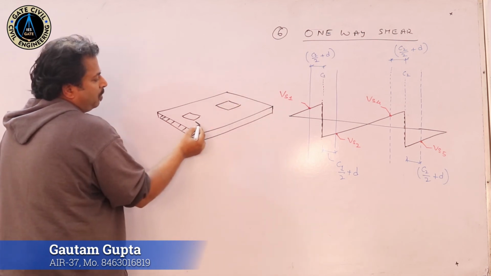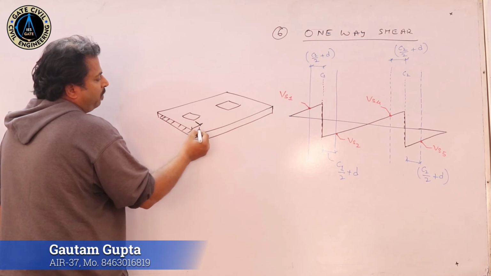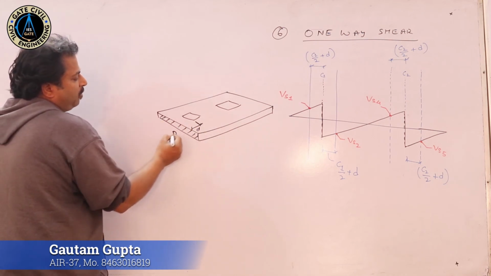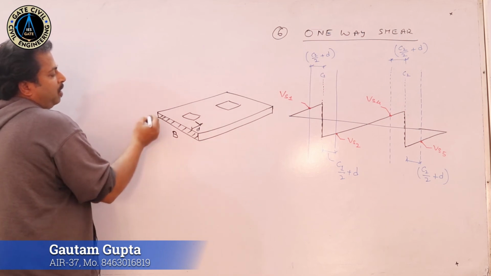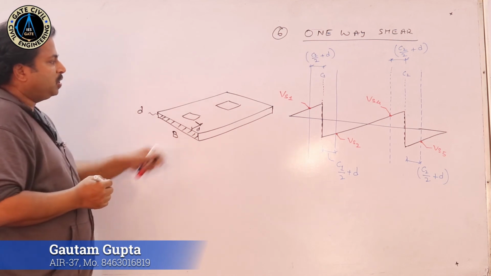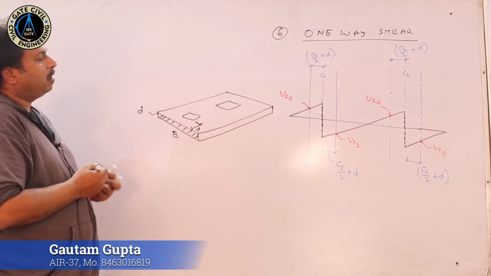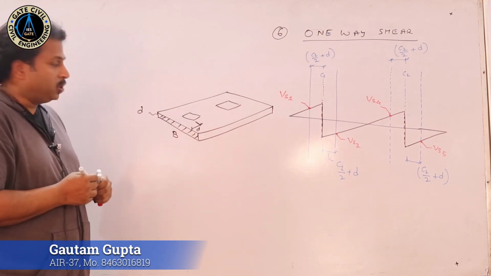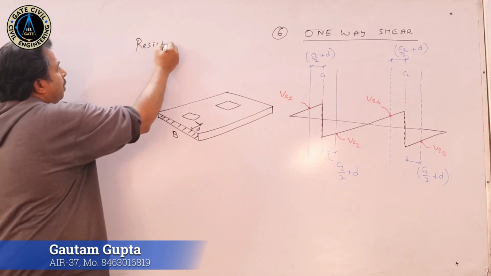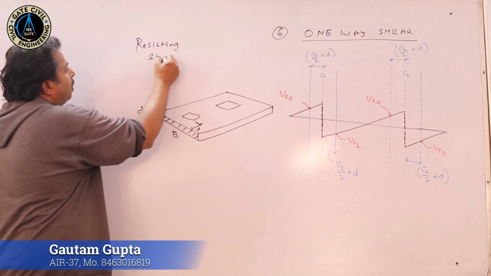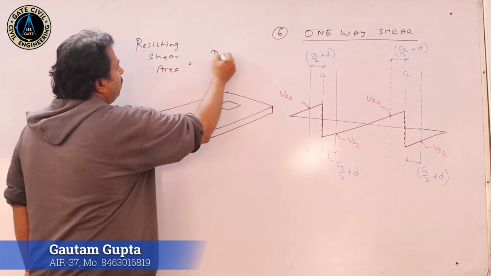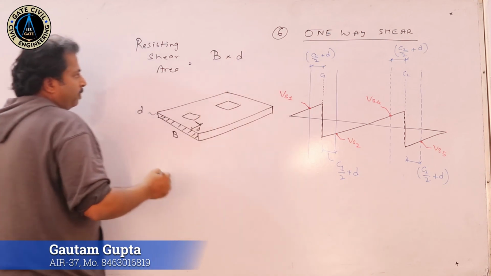So, from the column face at a distance of small d, this particular section has a width of B and the effective depth of small d. So, this is the shear area which will be resisting your external shear. So, the resisting shear area is given as B into small d.